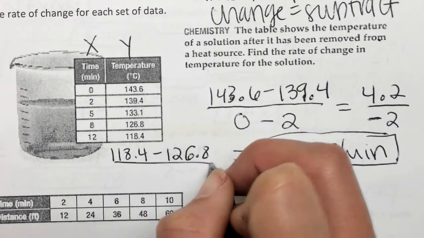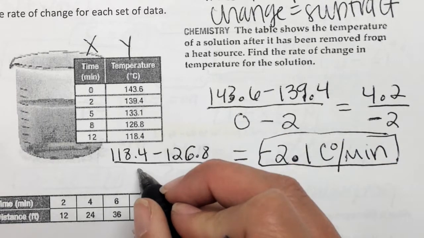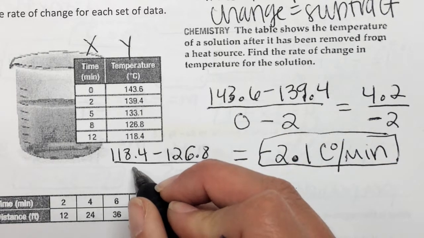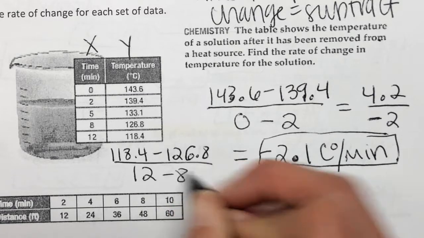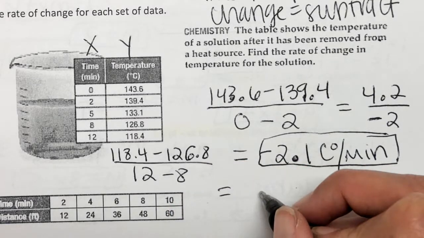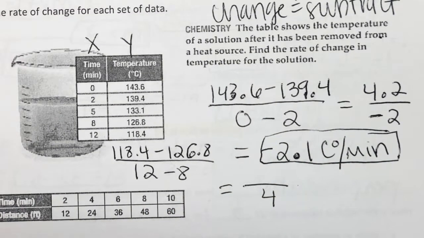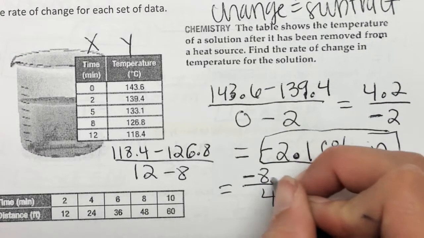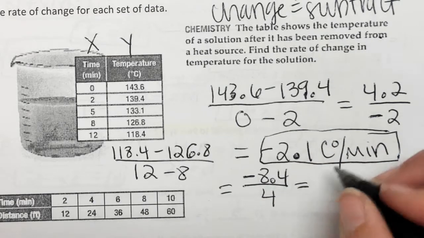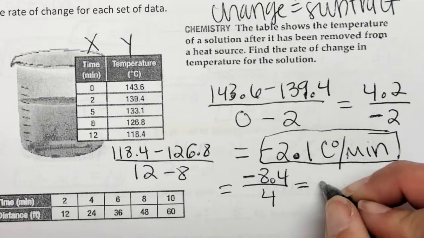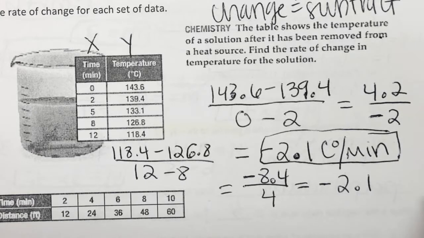So tell me the x values that have to go underneath that. 12 and 8. Alright, what's 12 minus 8 on bottom? And on top, subtract those for me. Negative 8.4. Now divide it. Tell me what we get. So does it matter? No.